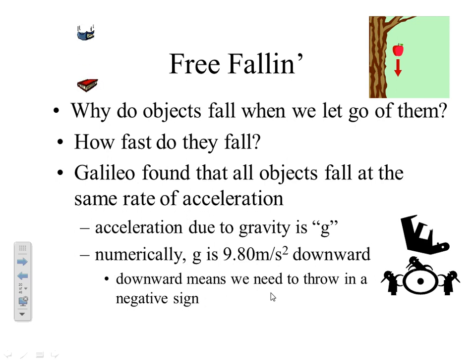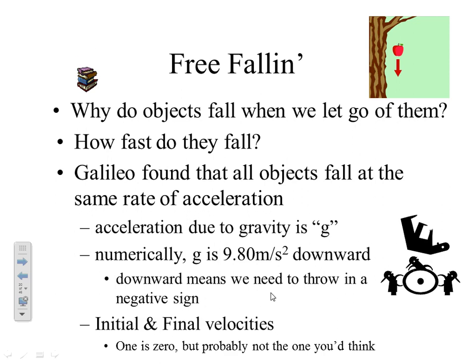As this is falling, we've also got to talk about its initial velocity and its final velocity. One of them is 0, but chances are it's not the one that you're thinking of. As something is falling, it's speeding up, right? Until it comes to a stop. True.